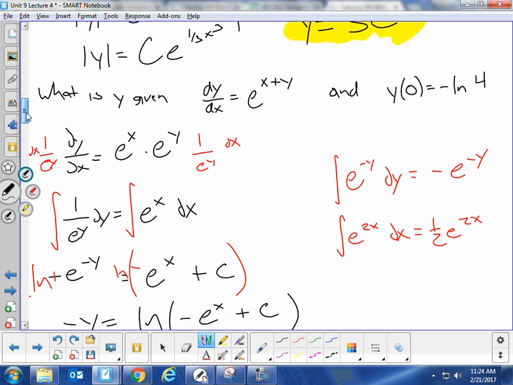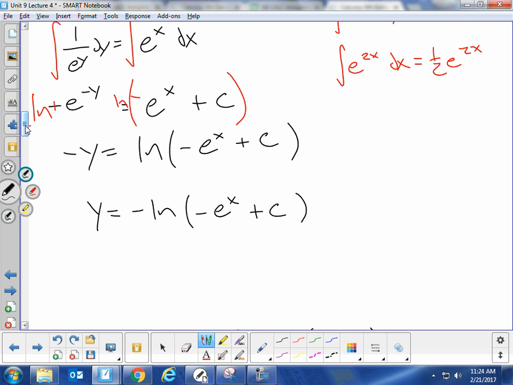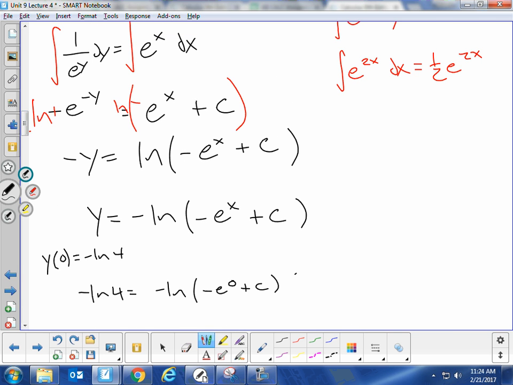Our initial condition was y of 0 is equal to negative log 4. So I'd get negative log 4 is equal to negative log of negative e to the 0 plus c. If you want to go step by step and solve this, you could, or you can kind of just figure out, oh, we have negative logs on both sides, so c is 5.